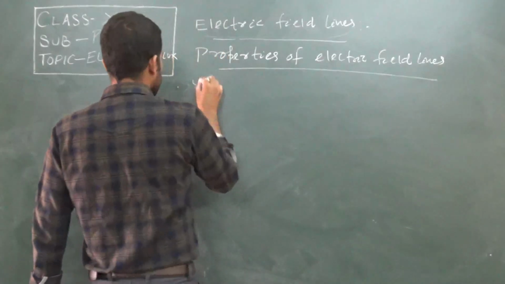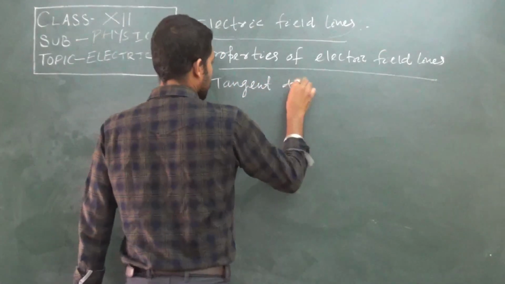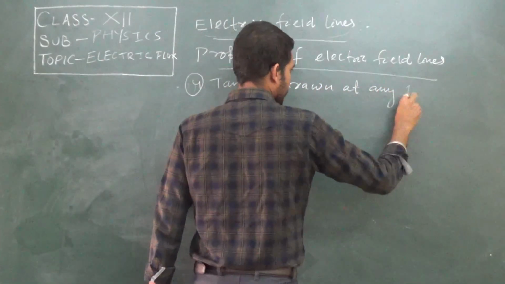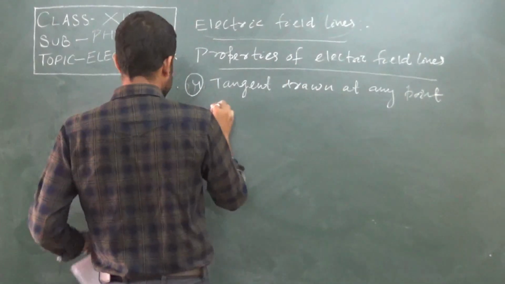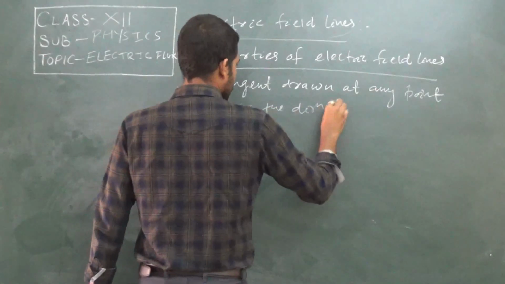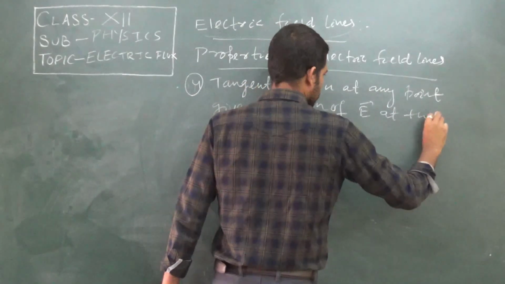A tangent drawn at any point gives the direction of the electric field at that point.